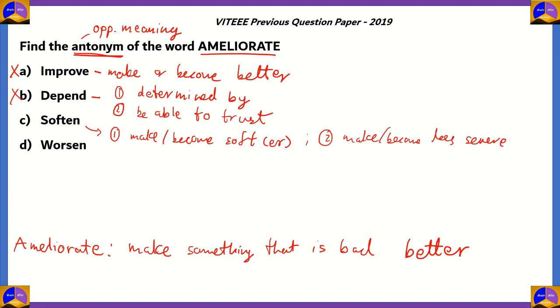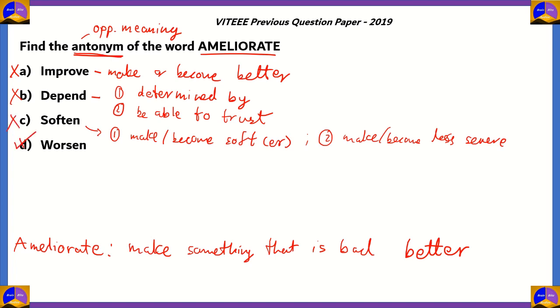So from the first definition, that means if you are kneading the dough for bread, and after kneading it becomes soft, so you're softening that bread or the dough. But for the second definition, that means make or become less severe. So for example, if you use a particular device to avoid impact, that means you soften the impact. It means you make the impact's effects less severe. So again, both these meanings do not oppose make something that is bad better. So option C is incorrect.